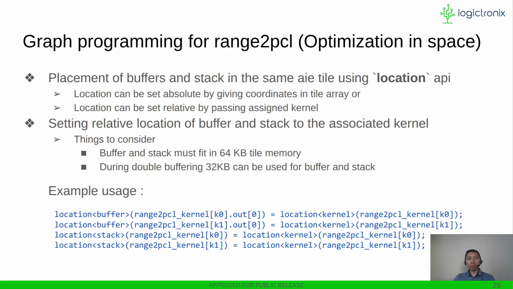So first, graph optimization, for decreasing the number of tiles, is using the location API. Here we give the location for placement of the buffers and stack, so that we can control the placement of the buffers. There are two types of location you can assign for your buffers.